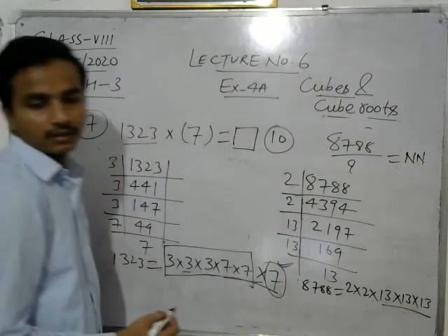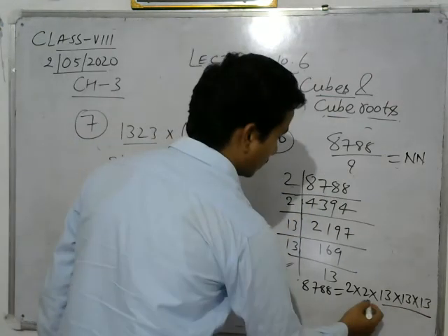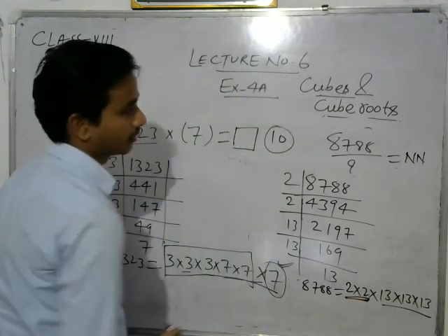Here the triplet of 13 is formed, but the triplet of 2 is not formed.